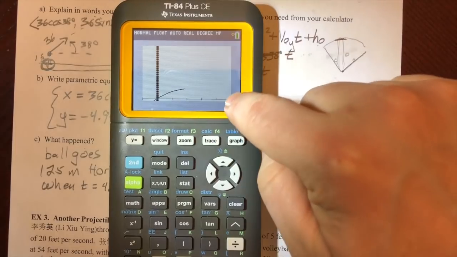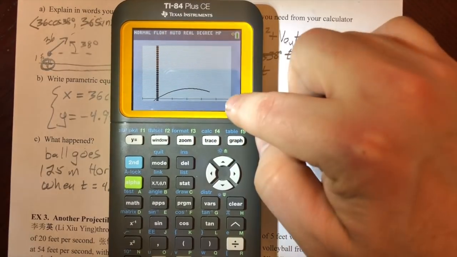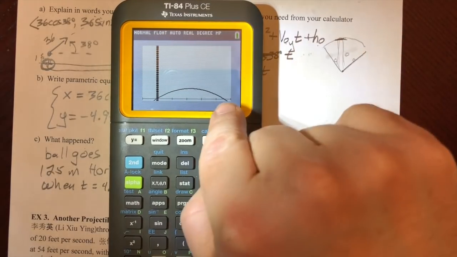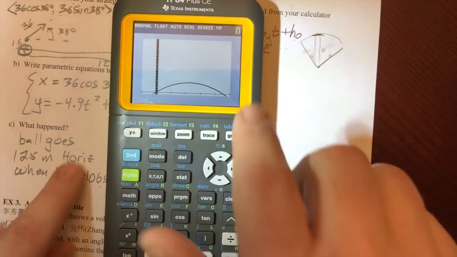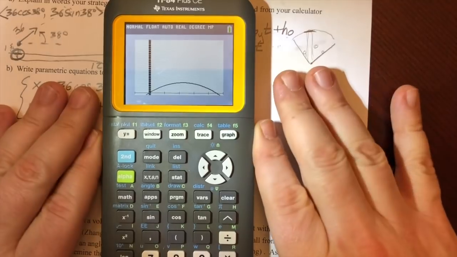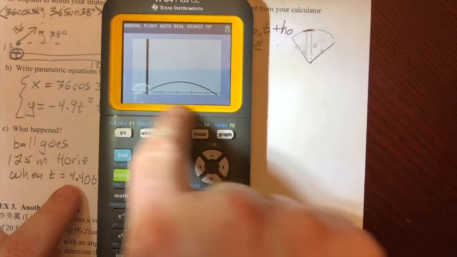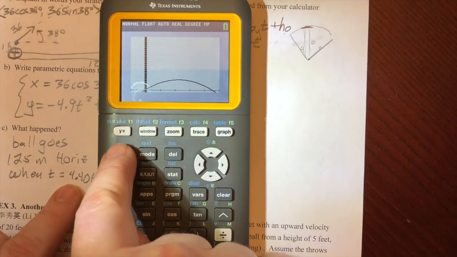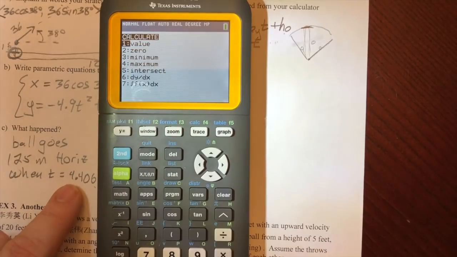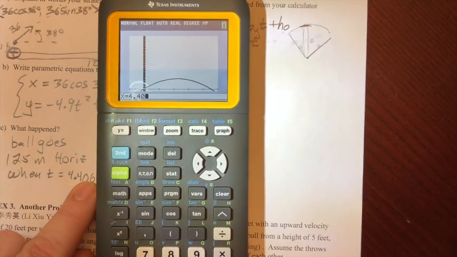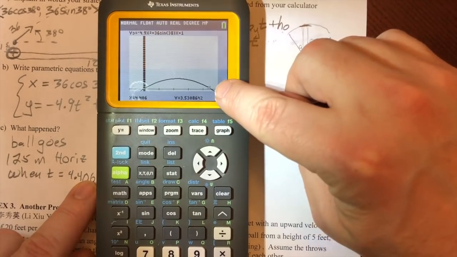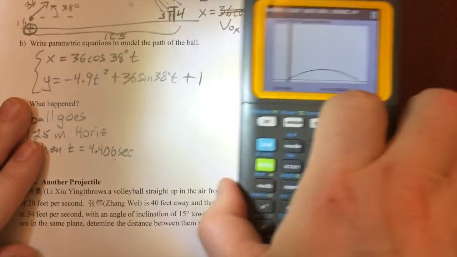So this is now t versus y. I want to know when t is 4.406. There are several different ways you could do this. Once we have the graph, I think one of the easiest ways is to press second trace and go to value, and it asks for an x value. Type in 4.406, and the height of the ball, let me write this out.